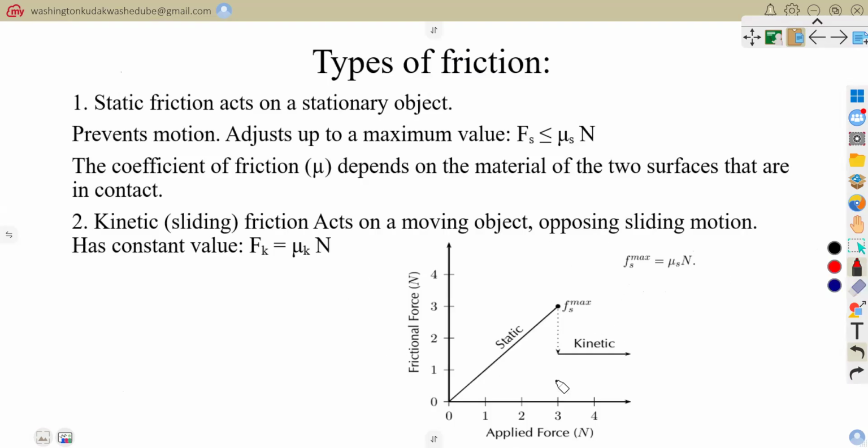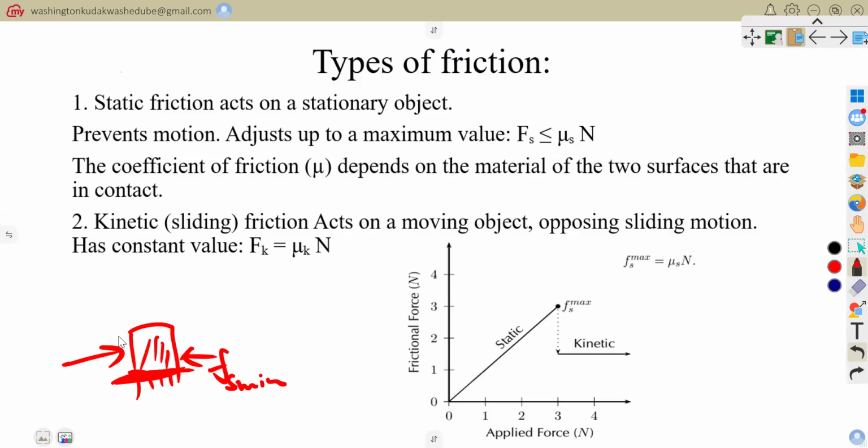I would like you to remember this diagram very well and the explanation that I gave, where I said wherever we have an object at rest and we want to cause this object to move, we are going to apply a certain force. That force can be a minimum, and it will face a resisting, opposing force of motion that would also be at a minimum.